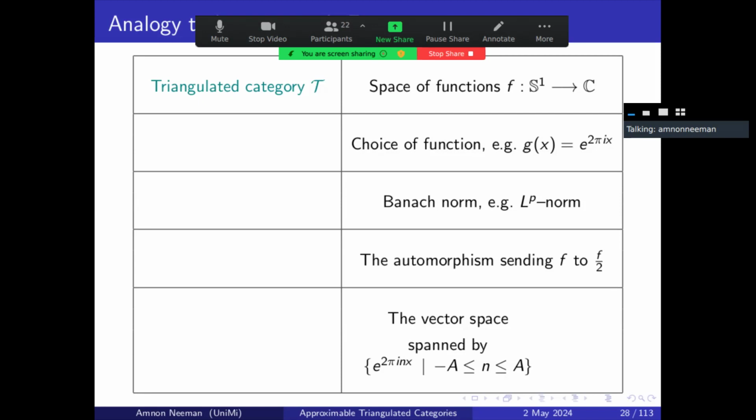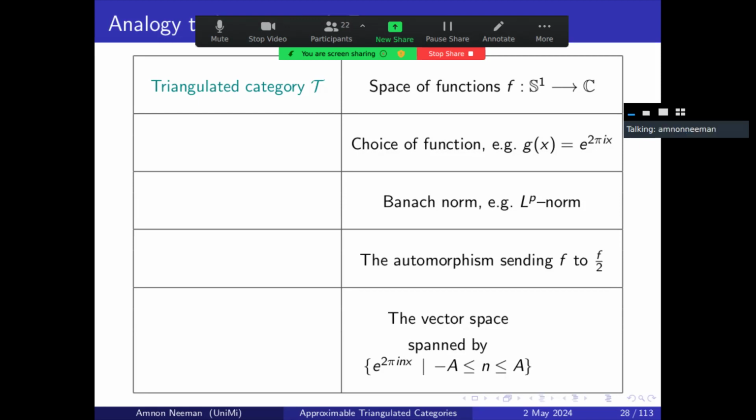You choose a particularly good function, the exponential function, and you then form the vector space of low-degree trigonometric Laurent polynomials, and try to show that any function f has a good approximation by low-degree trigonometric Laurent polynomials. And by a good approximation, you mean you have to measure the difference, so you introduce a Banach norm, let's say the L^p norm, to measure the difference.